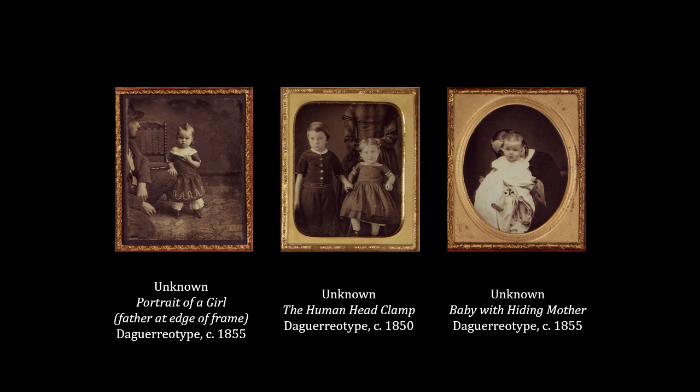So a fun one, children. If you remember the daguerreotype chair, a little chair with a little thing to help hold your head in position. Is it a medieval torture device or is it a photographer's chair for children?